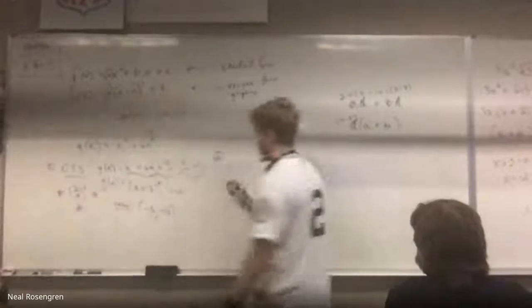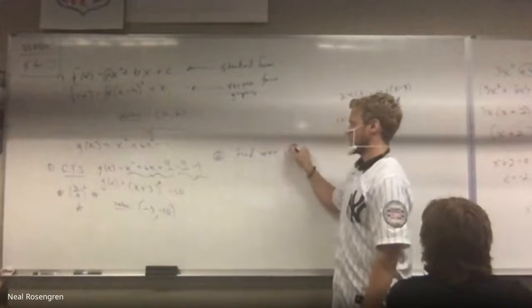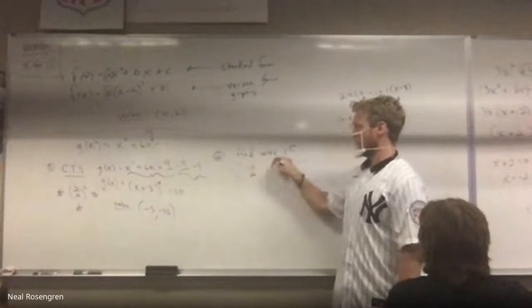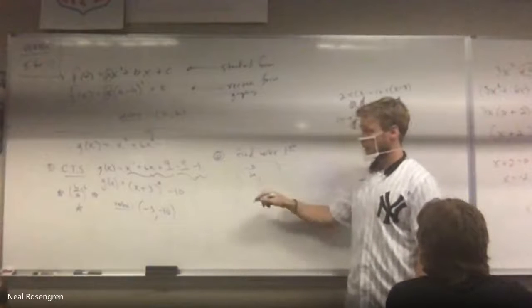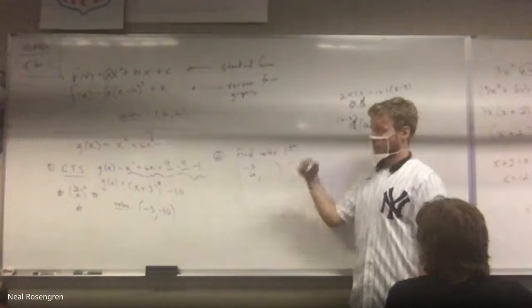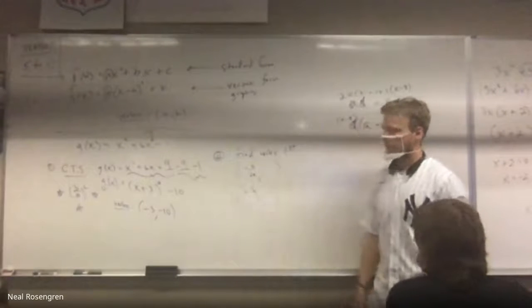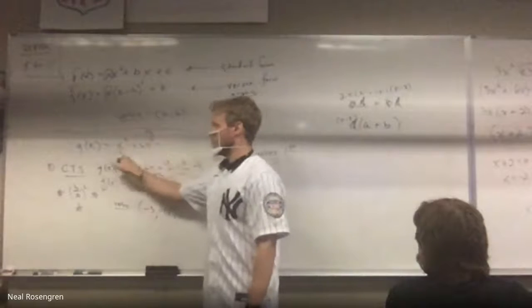But there's another way. You can find the vertex first. You can say, you know what, I'm going to do negative b over 2a, put it in, and see what I get. I'm going to take b, take the negative version, so negative 6, divided by 2a, so that's negative 3. And then plug it back in right here, right?